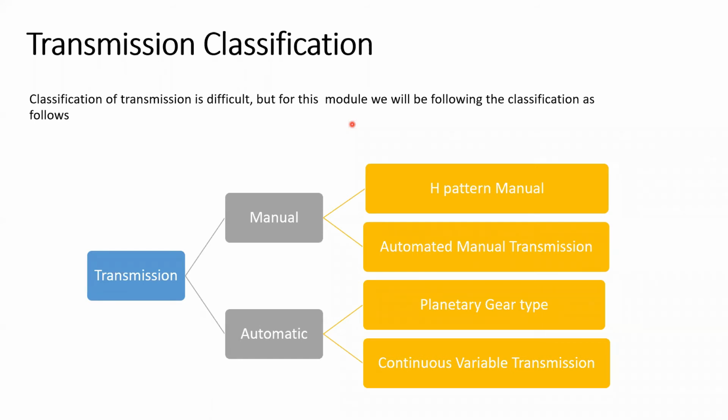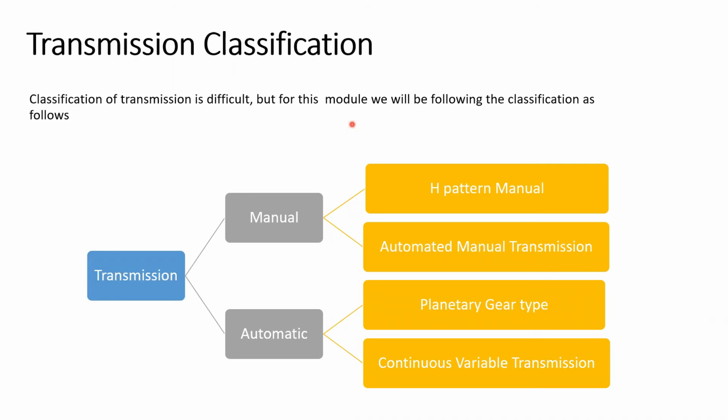Automatic and manual transmissions are now almost interchanged. Some manual transmissions can work as automatic transmissions, and some automatic transmissions can work as manual transmissions. Nevertheless, we'll try to do a small classification. So this is one classification that we can do.